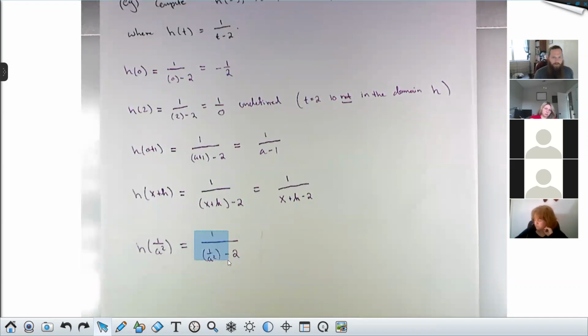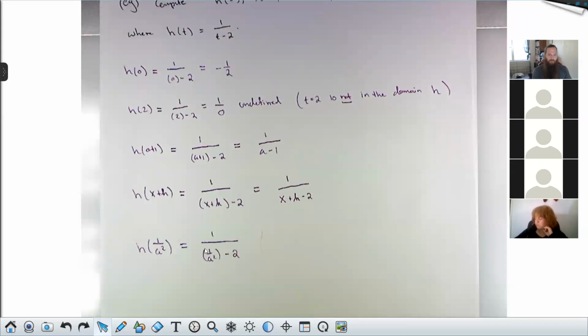All right, who can tell me how to simplify this? Bottom expression here. How can I get a step closer to having this as a single fraction?